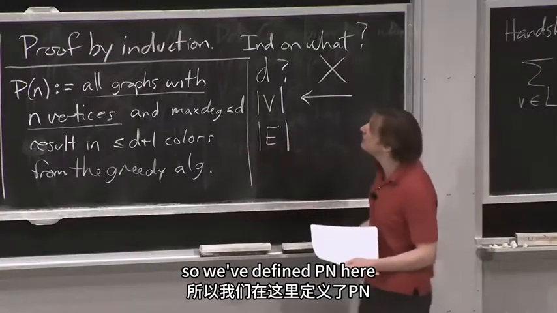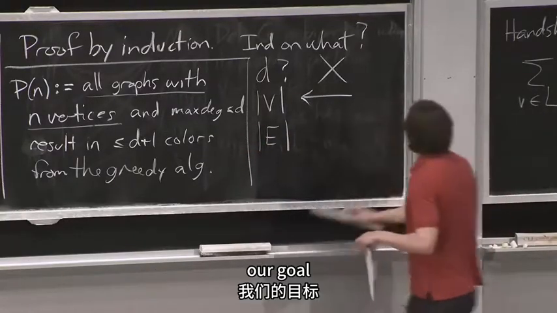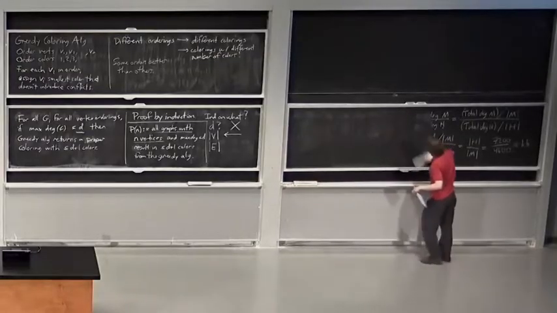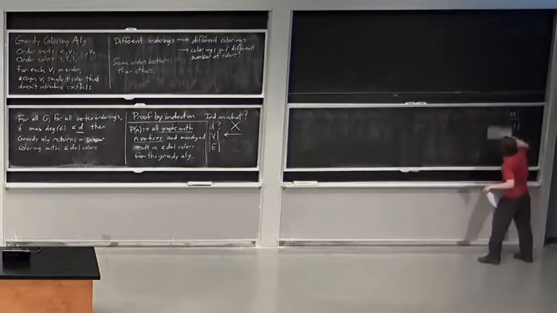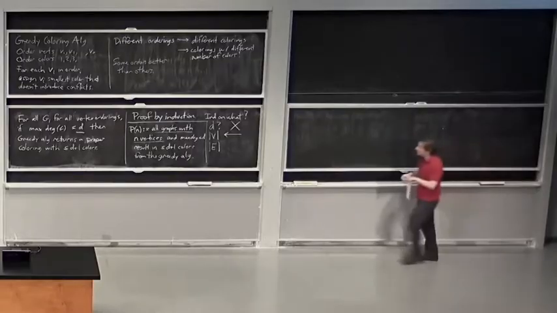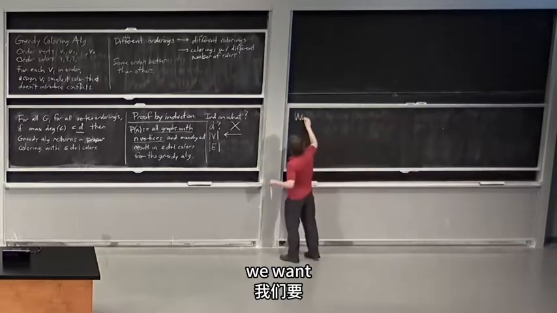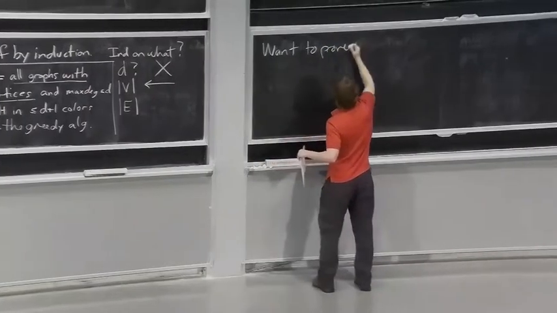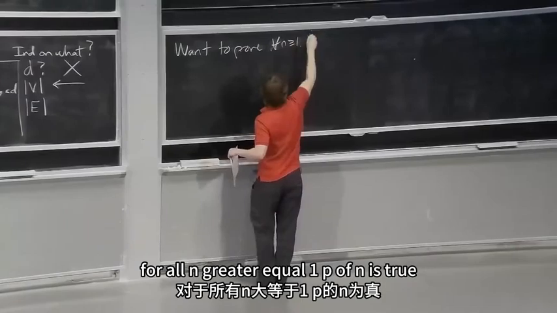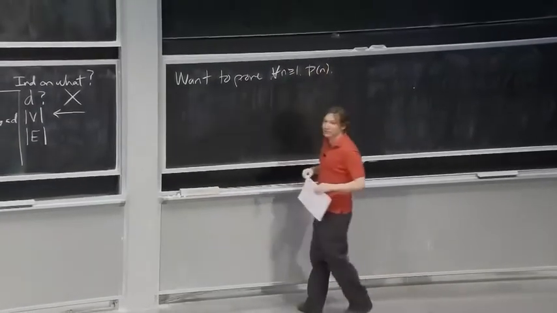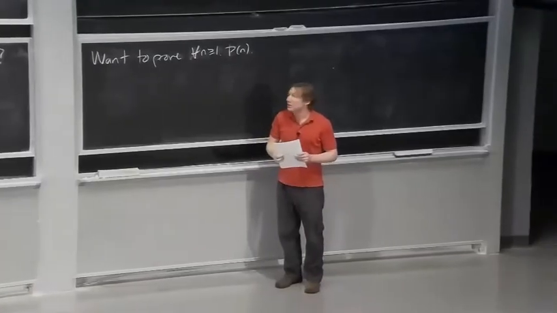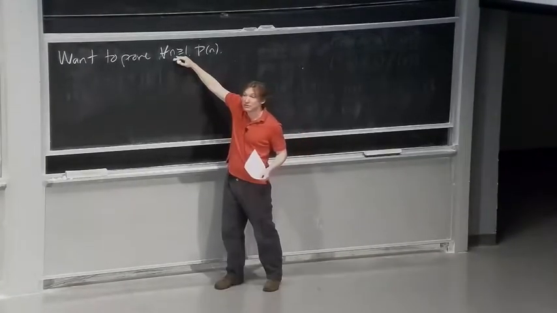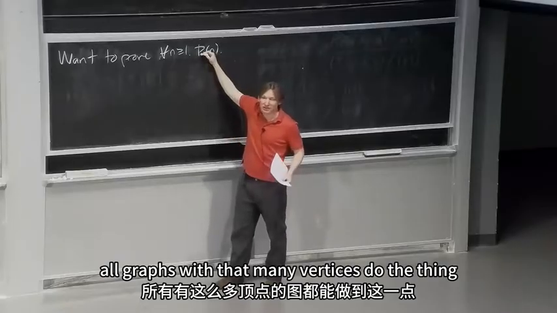So we've defined P of n here. Our goal is to prove for all n greater than or equal to 1, P of n is true. So for any number of vertices, all graphs with that many vertices do the thing.